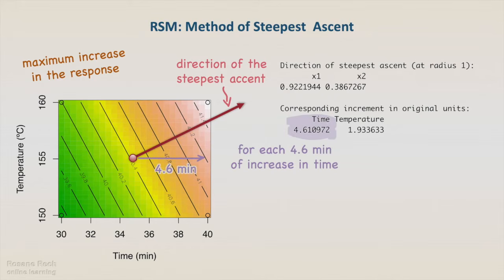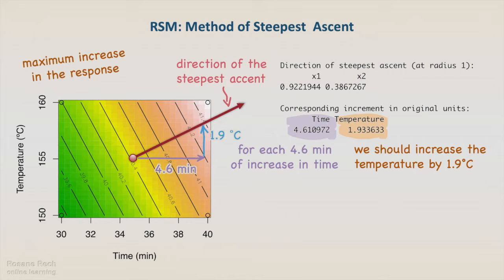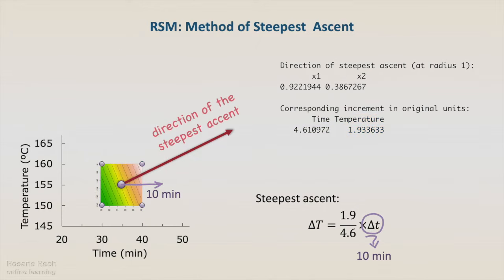For each 4.6 minutes of increase in time, we should increase the temperature by 1.9 degrees. The mathematical form is delta temperature equal to 1.9 divided by 4.6 times delta time. For instance, if we decide that we will increase the time by 10 minutes in our next test, the temperature should be increased by 4 degrees.